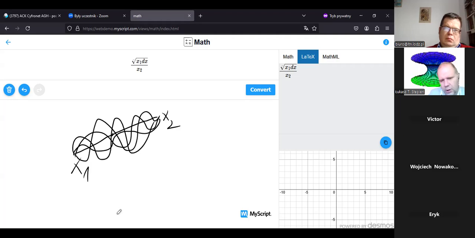Does anyone have such an idea? This is my impression, because this is very similar to the vibration of strings. Yeah, it is. Actually, it's very nice.